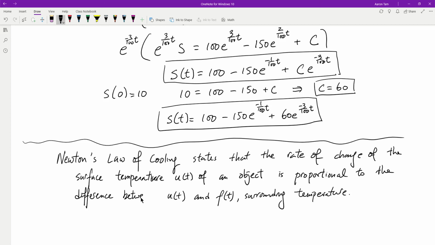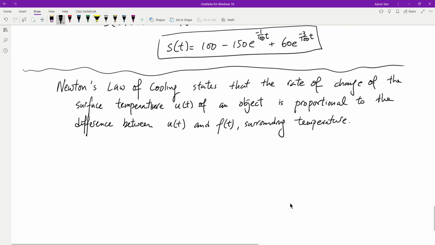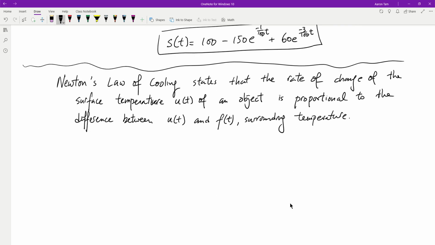But he was the first person to come up with a mathematical formula that would actually describe that. And of course, the reason is because the relationship is described by a differential equation. So this relationship can be represented as a differential equation.